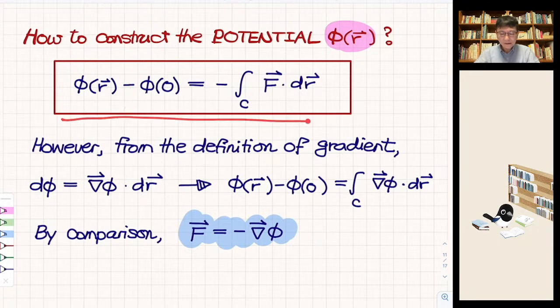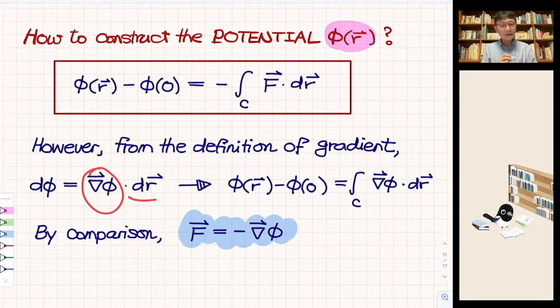So that's the integral form, how you can get the potential. But once you got this one, and if you compare with the definition of gradient, then you find out that, wow, the new concept, the gradient that we learned, is going to be really useful here. Why? Well, starting from the total differential d phi. D phi can be written as gradient phi dot dr, right? That's the differential form.